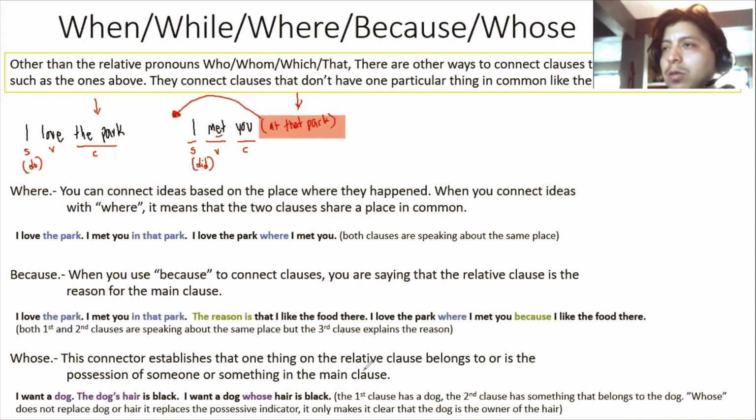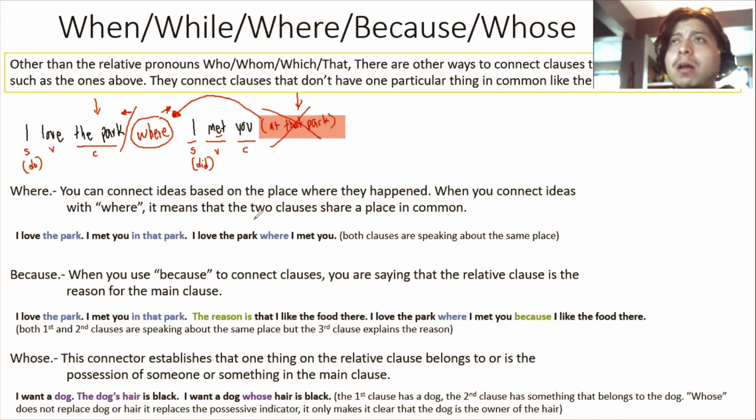And when I do that, I need to use the form where. Where is a question word, but it can also be used as a connector. It's connecting this clause with this clause. This action happened in the same place as this action, and you don't really need to do this anymore.